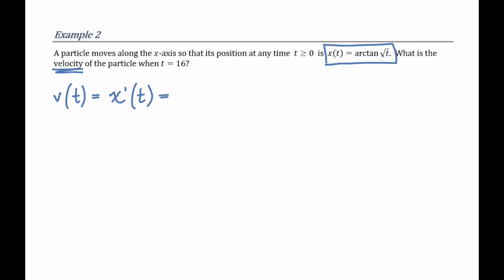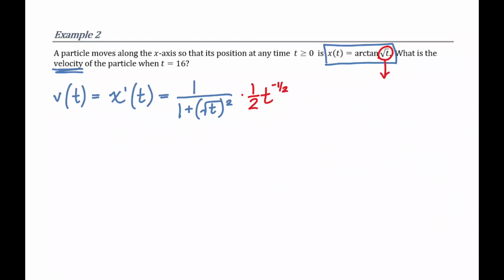So the derivative of arctan is 1 over 1 plus x squared. Now this is another case where we have a function, square root t, inside the arctan function. So we're going to have 1 over 1 plus square root t squared, and then chain rule kicks in, so we end up multiplying that by 1/2 t to the -1/2.